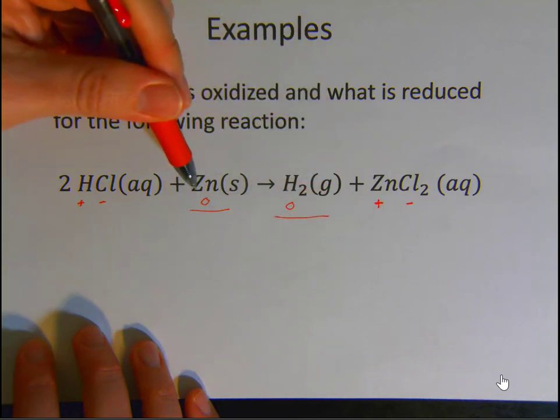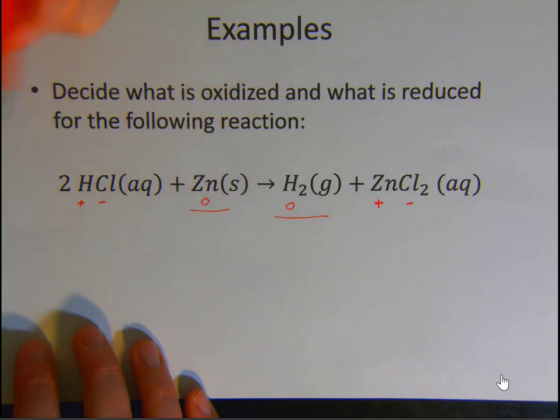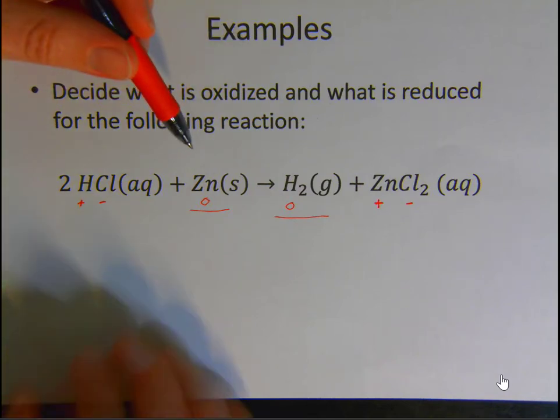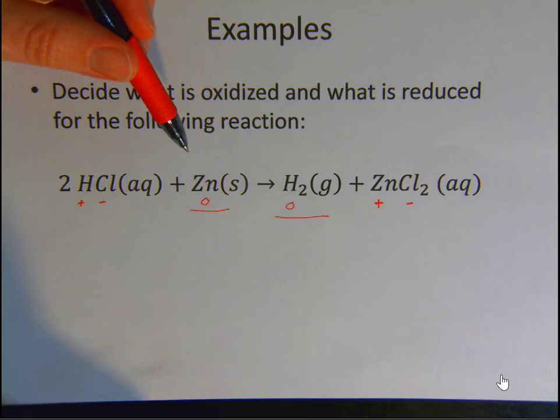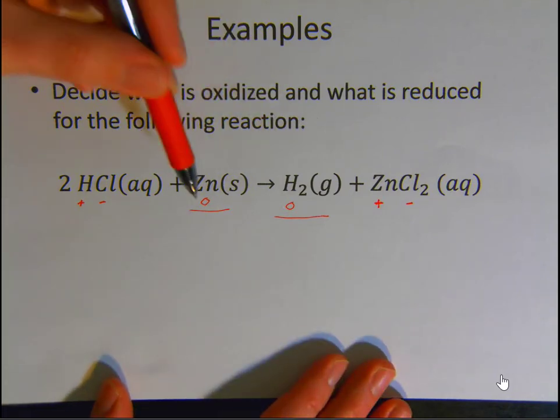So zinc in its elemental state, hydrogen in its elemental state. So we're just looking at changes involving elemental states for this course. So that's a little bit of how it's different and a bit simpler than what you would do with formal oxidation numbers. But again, if you would prefer to do that, please go ahead and do so. Just realize we're kind of cutting out a lot of edge cases by focusing essentially on reactions in which we have an element by itself.